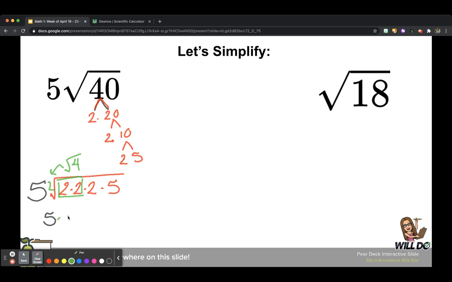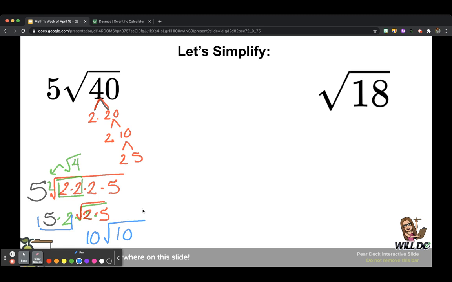I'm factoring out a 2 because it's the square root of 4. And then on the inside, I have 2 times 5. Okay, so my final answer becomes 5 times 2, which is 10. And then on the inside, I have 2 times 5, which is 10.